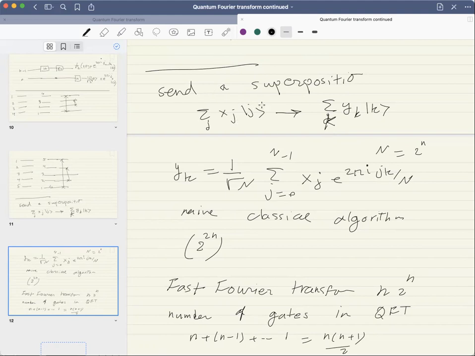Furthermore, how are we going to prepare this initial superposition? If I hand you a list of classical numbers, x_j, this input gets transformed to that output, but how are we going to make that input superposition? Just to use it to do a Fourier transform, it's not obvious what to do.